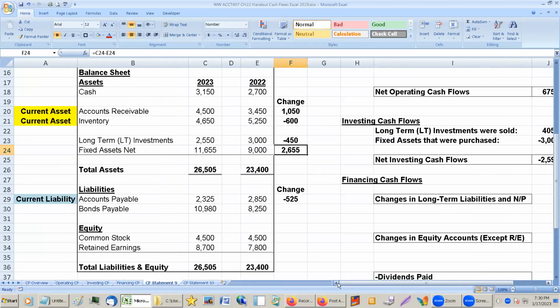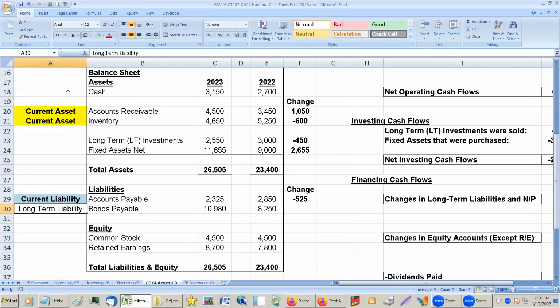Oops, where are we at? Changes in long-term liabilities. Okay, here's long-term liabilities. With the color of green, how about?